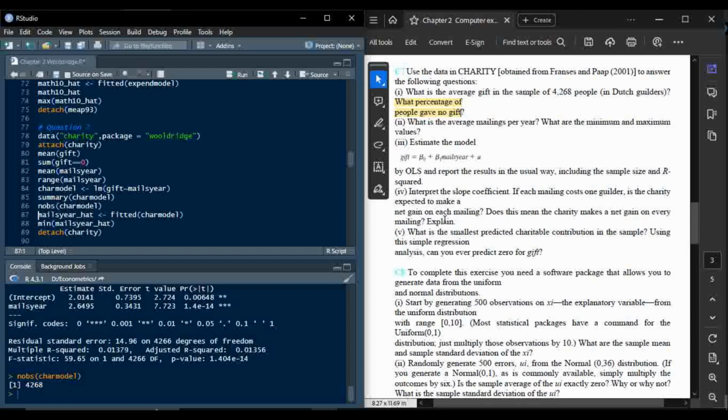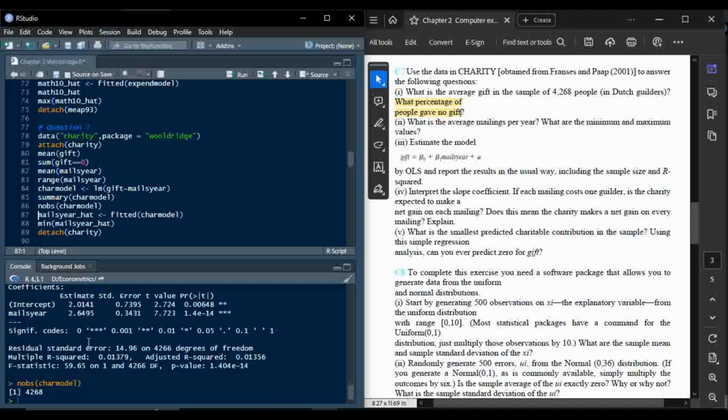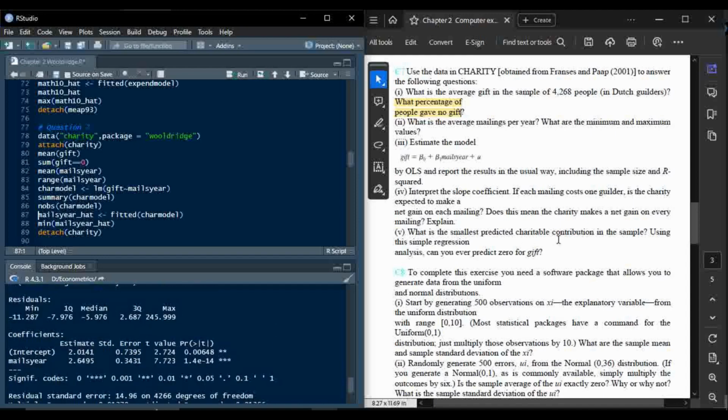Now question number 5. What is the smallest predicted charitable contribution in the sample? We have seen in the earlier part that the minimum value of mails per year has been 0.25. We can calculate the smallest predicted charitable contribution on the basis of that. So let's look at this.